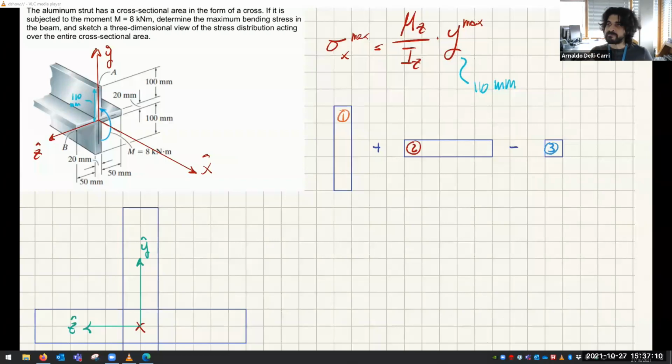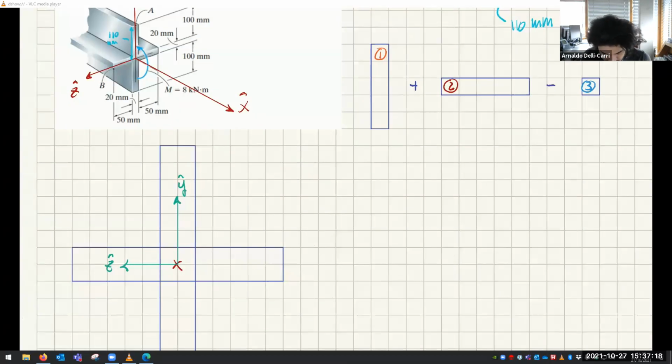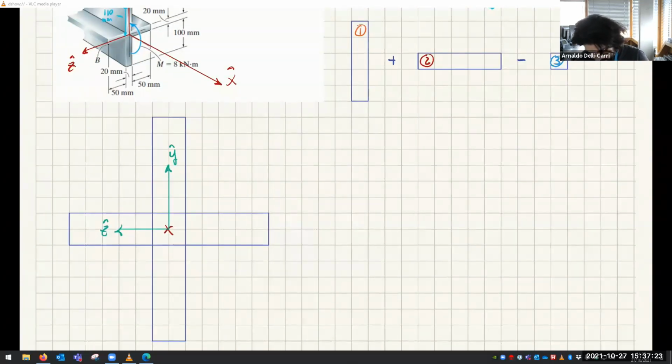Okay, let me just go on about it. Let me also use the dimensions I want.